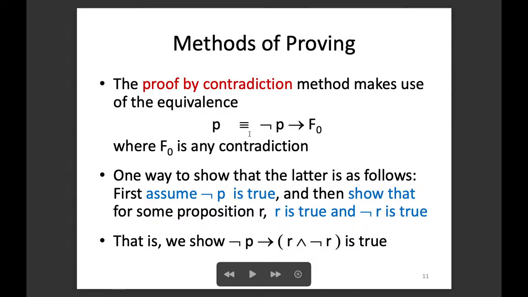P is the same as T implies P, and then T implies P is the same as its contraposition, not P implies F. So we are actually using proof by contraposition for the statement T implies P. It is a special case of proof by contraposition, but it is something very commonly used, so we just give it an extra name called proof by contradiction.